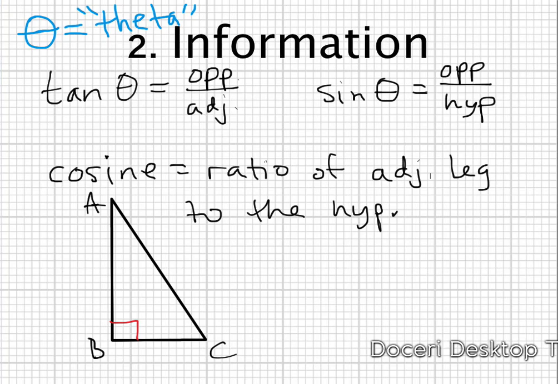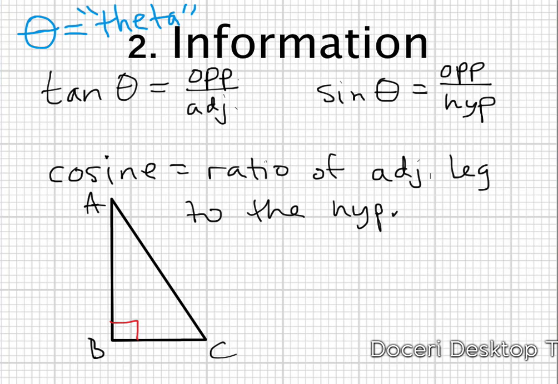So that's the only other way I can organize this, right? I've got opposite over adjacent for tangent. And if I take tangent of the other angle, I would have adjacent over opposite, which would be just the reciprocal. If I have sine of angle A, I'd have opposite over hypotenuse, and sine of angle C would be opposite over hypotenuse again, just changing the sides, changing what leg I use. The only other option is adjacent over hypotenuse.